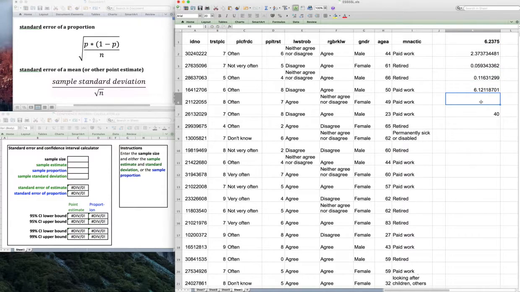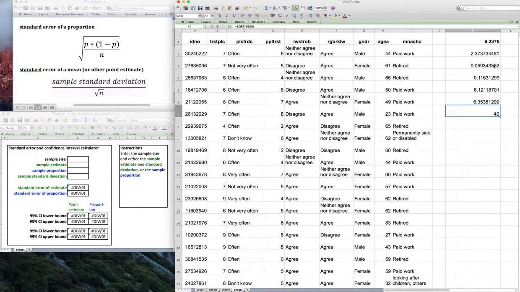Let's just do the second one. That would be equal to the sample mean plus, let's put it in brackets, 1.96 times, and our standard error was there.